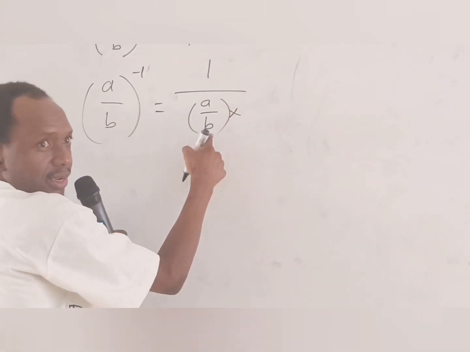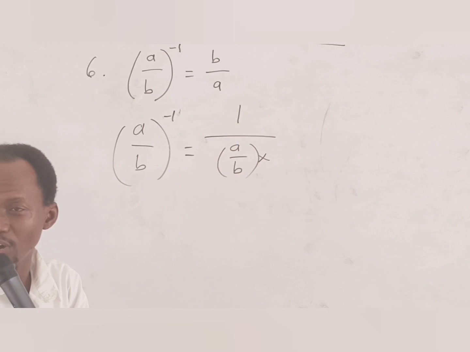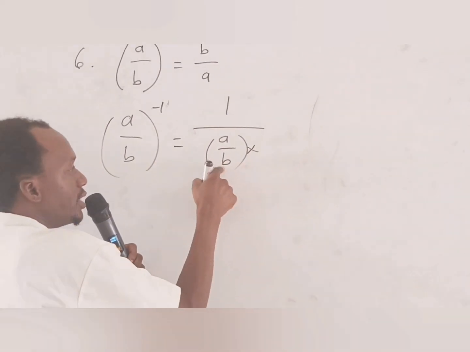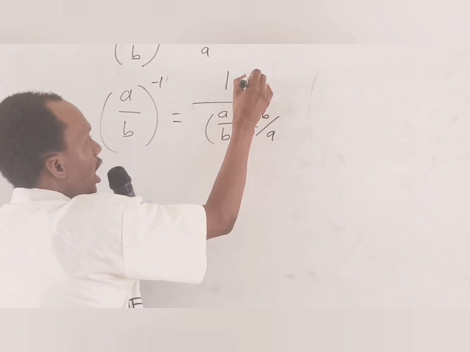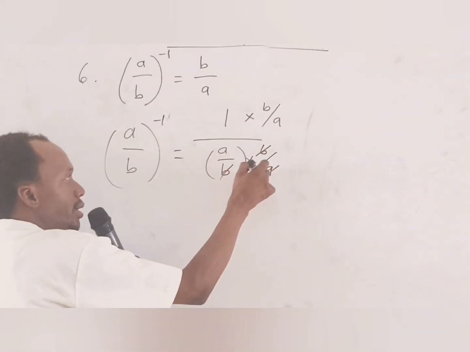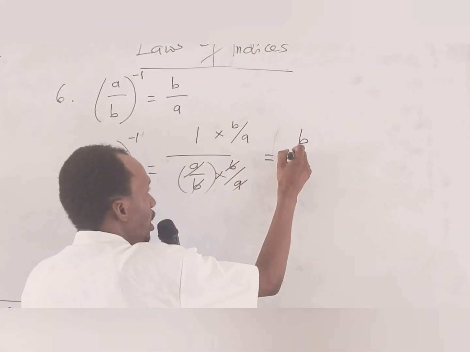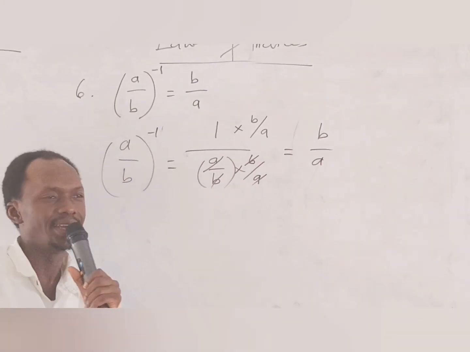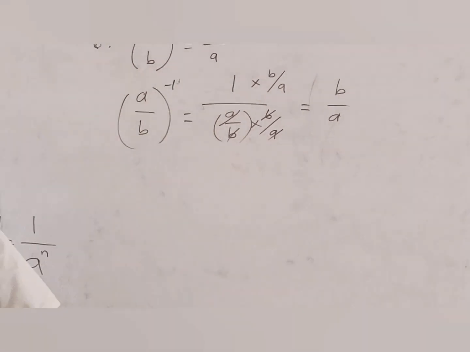You multiply by the reciprocal. The reciprocal of a over b is b over a. Multiply here also by b over a. This cancels. So we are left with 1 times b over a. So we get b over a. So that is why this is the same as this.